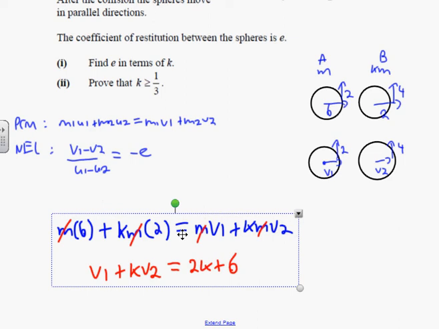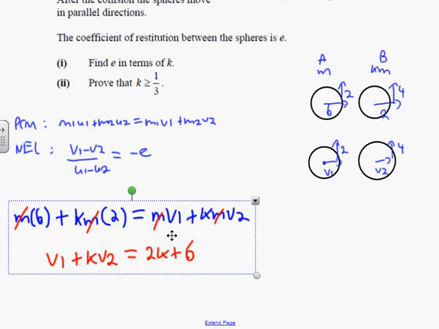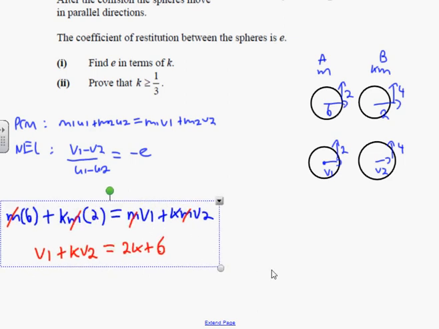So what we're going to do next is move that over, and now we're going to start working on NEL. NEL being minus E, haven't got a clue what E is yet. We're also looking for V1 minus V2.